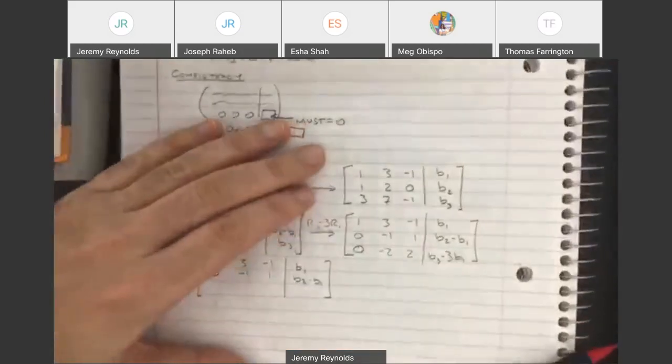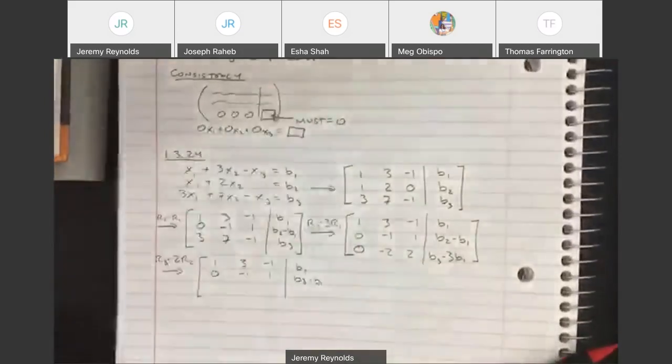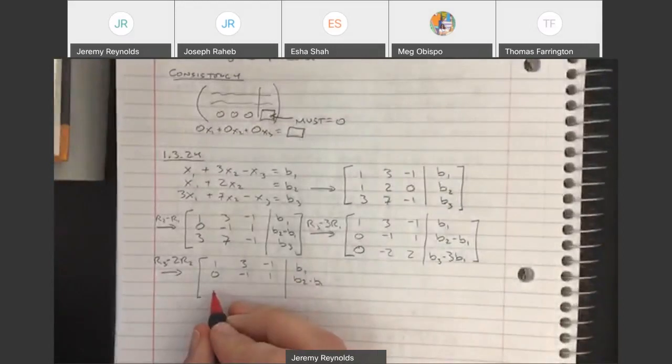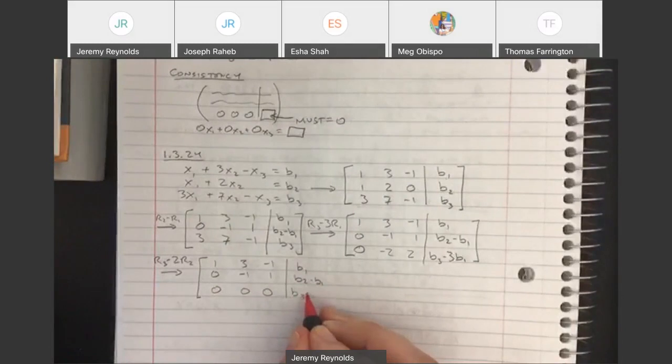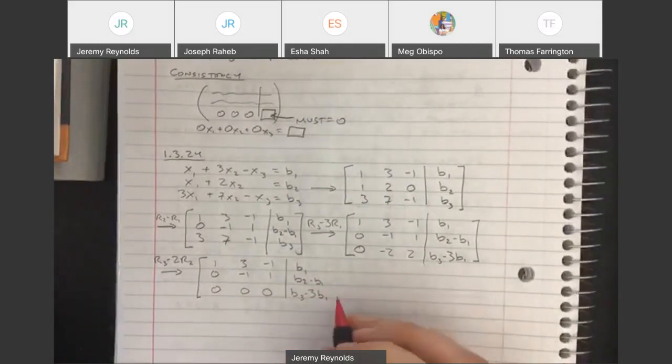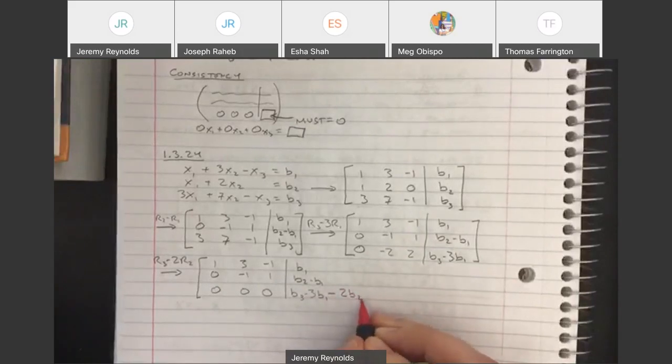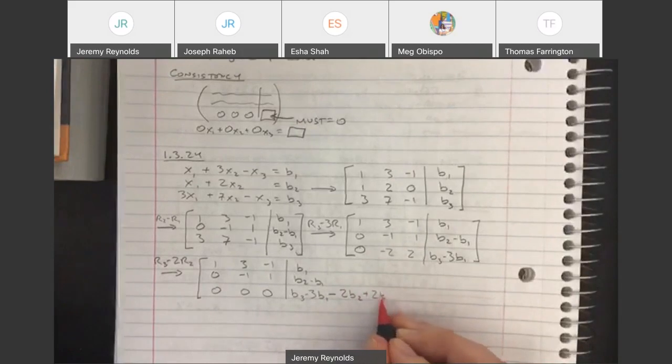When we do this, we end up getting 0, 0, 0, and we'll still have b3 minus 3b1, and then also minus 2b2 plus 2b1.